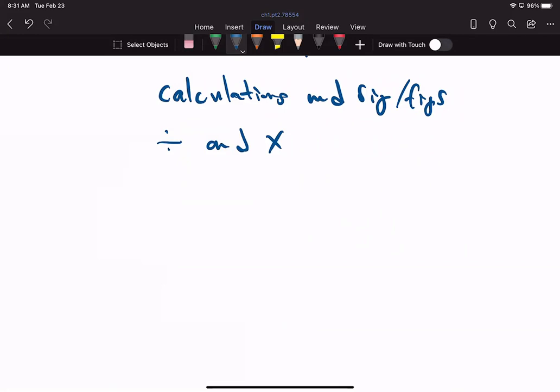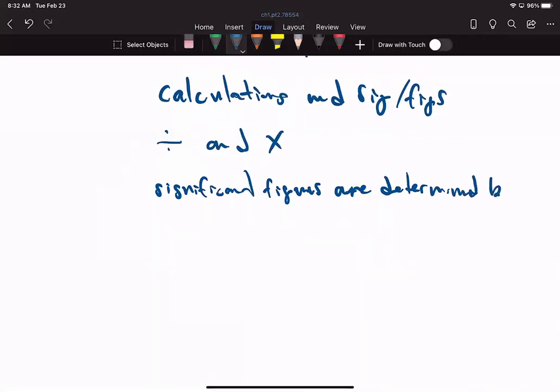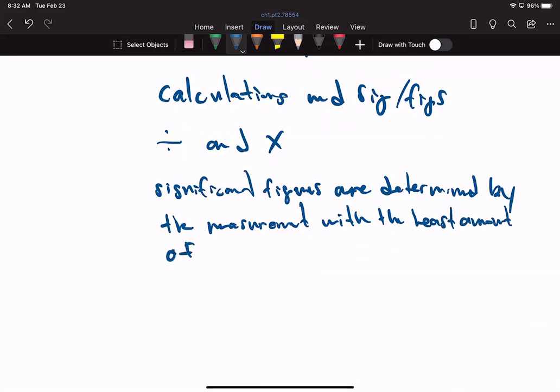For multiplication and division, the significant figures are determined by the measurement with the least amount of significant figures.